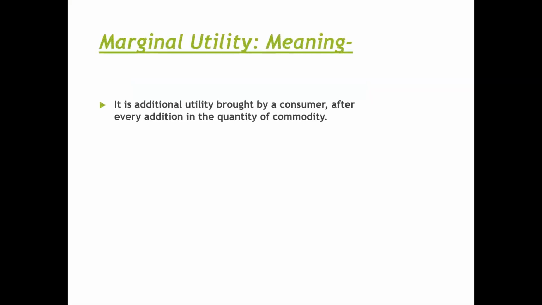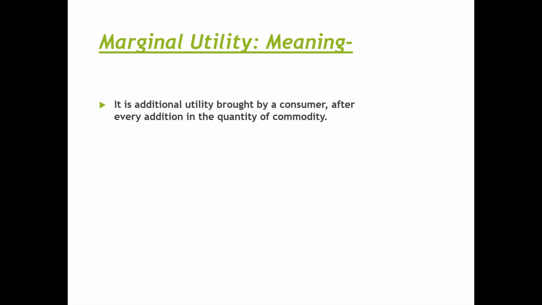Now take this from your own example. If you are using some commodity, you have utility from the first unit, and then it goes on reducing. So it is the additional utility obtained by a consumer after every addition in the quantity of the commodity.